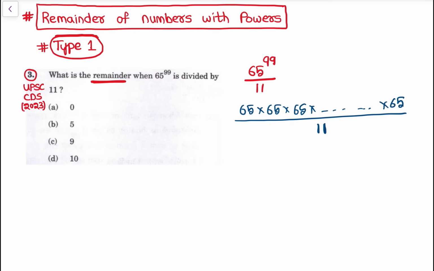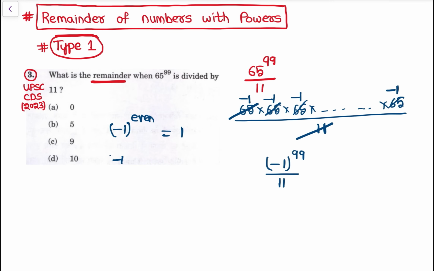देन ये क्या है, सिंपल मल्टीप्लीकेशन ही तो है. सो 11 6s are 66, so remainder is -1, here -1, here -1, so that is nothing but -1 to the power 99 upon 11. See, -1 to the power even is 1, -1 to the power odd is -1.